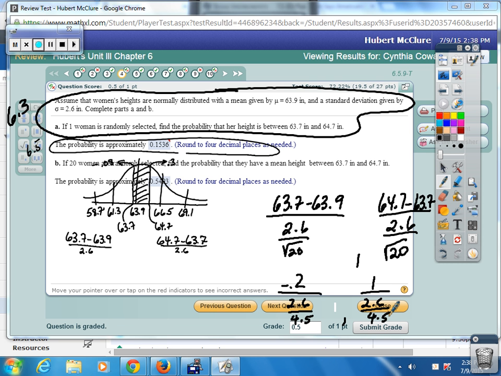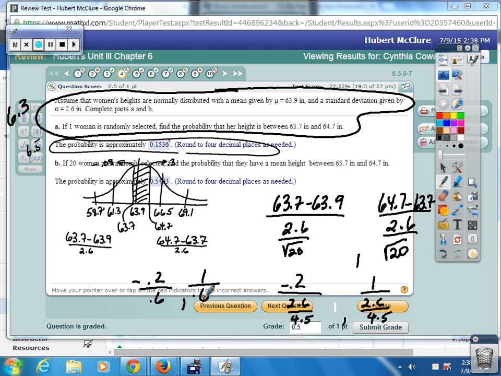Well, that's 3 divided by 5, which is 6/10. So that's negative 0.2 divided by 0.6, and 1 divided by 0.6. I'm thinking out loud, so y'all just bear with me for a minute.